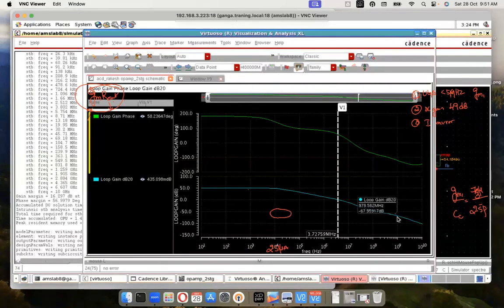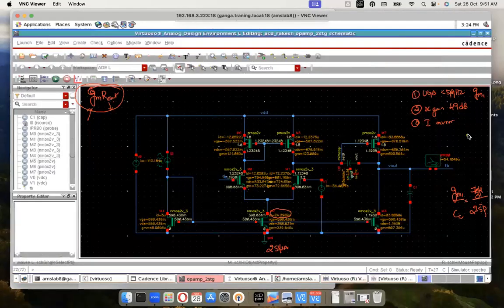You wanted 60 degrees, right? There is a slight issue with respect to the phase margin. That's one thing that we have to solve. But as long as you adhere to the equations, as long as your equations are all good, probably you will have much better results every time.